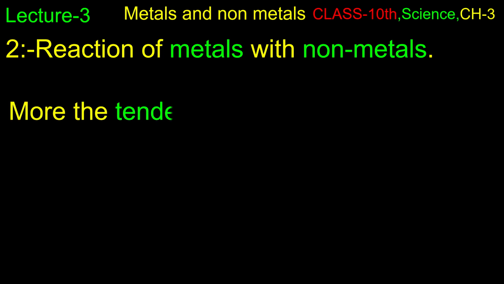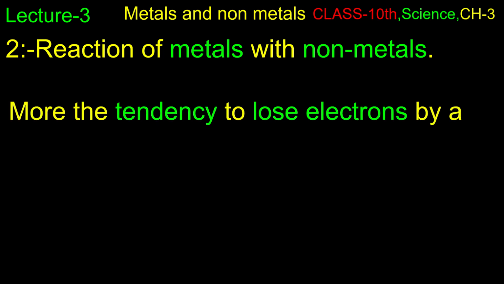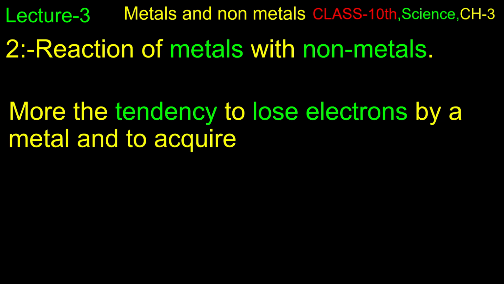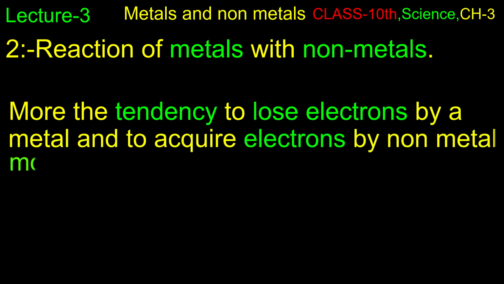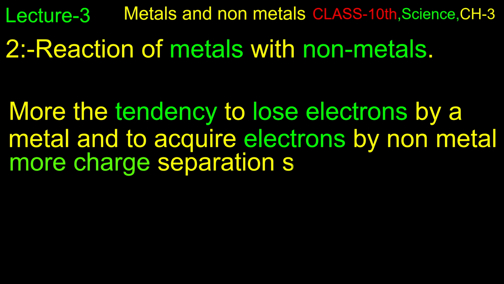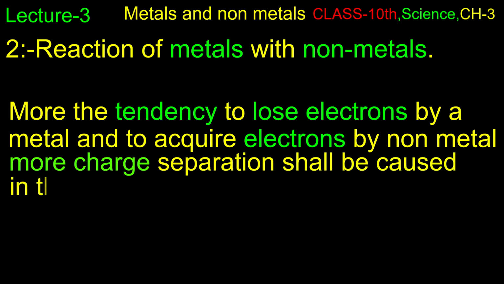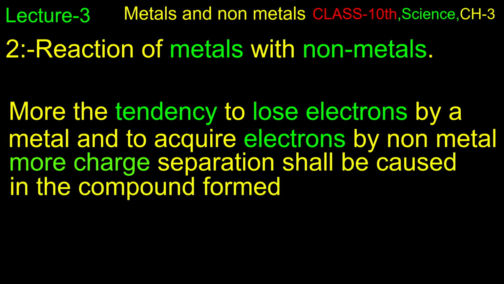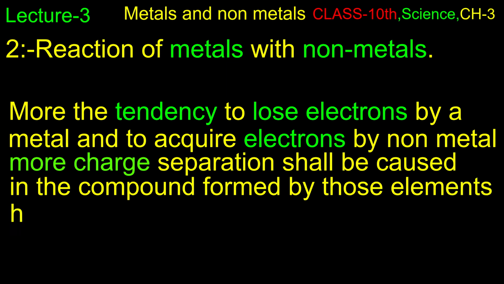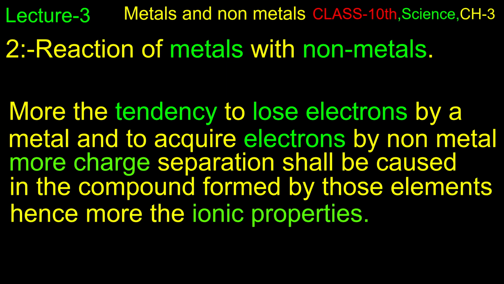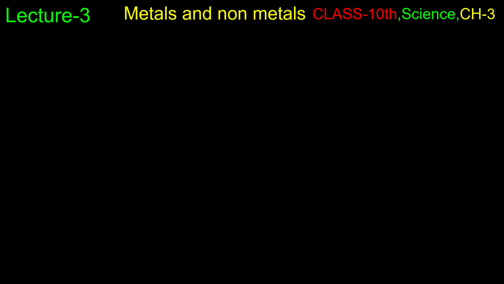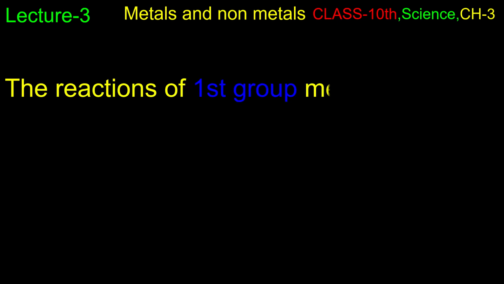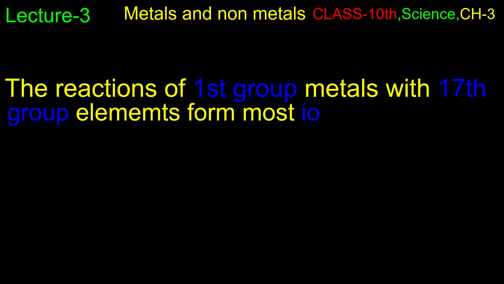The more the difference in the tendency to acquire or lose electrons in a metal and a non-metal, the more charge separation shall be caused in the compound formed by such elements. Hence, more ionic properties would be there. It means the reaction of first group metals with the 17th group elements forms most ionic compounds.